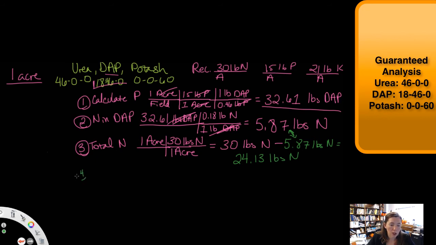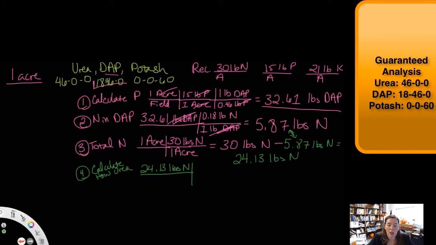So step 4, we're going to calculate how much urea we need. And so we know we need 24.13 pounds of nitrogen. And you're going to do this conversion factor right here, but for urea.